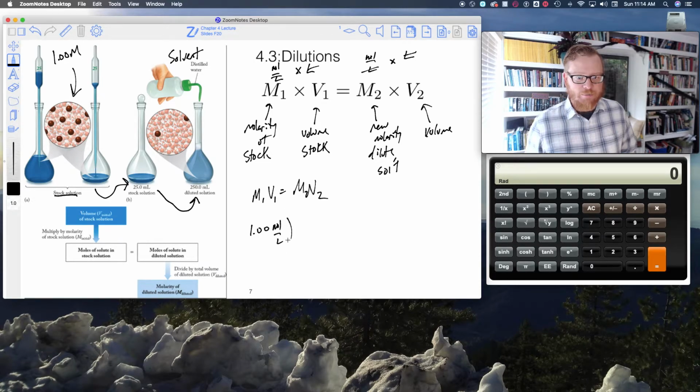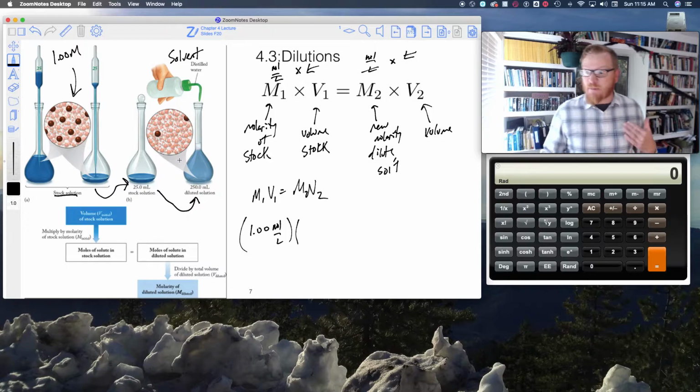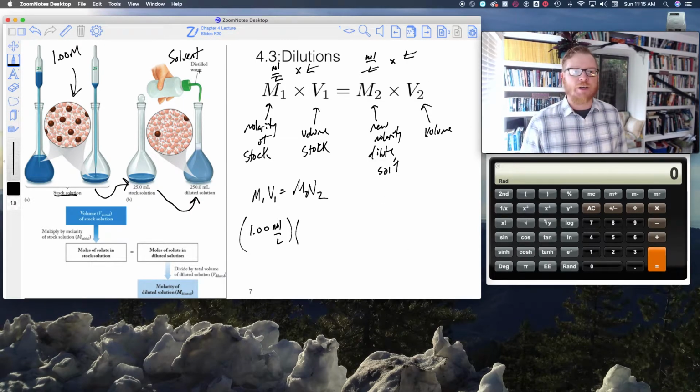mole per liter. So as it turns out, we don't have to make this volume into liters as long as both of these volumes on this side are in the same unit, milliliters and milliliters. Okay, so that's all good. So I'm going to actually just, instead of writing moles per liter, just write molarity.